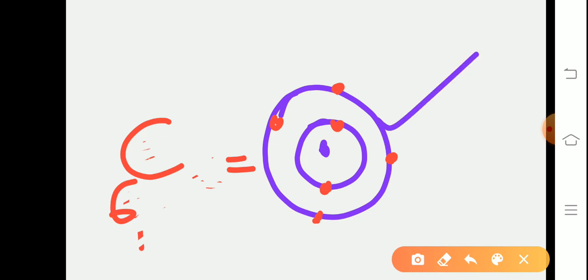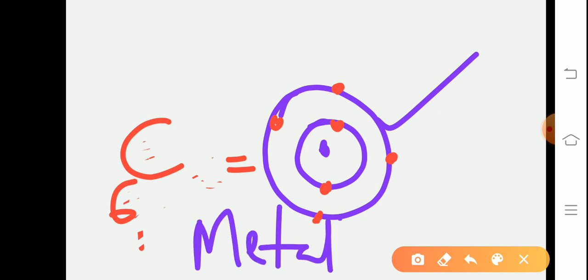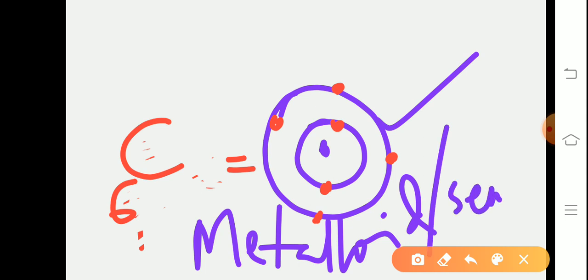So whether carbon is a metal or non-metal: neither metal nor non-metal, because it is a metalloid or semi-metal. Metalloid or semi-metal, called metalloid.